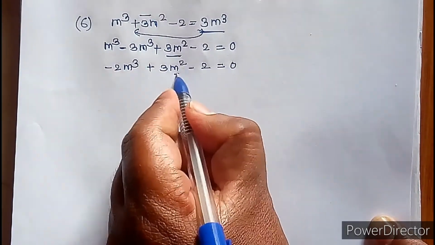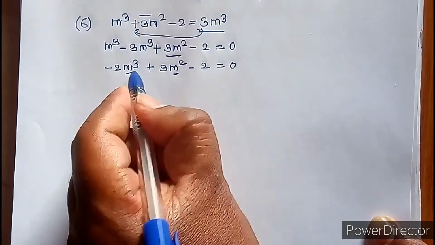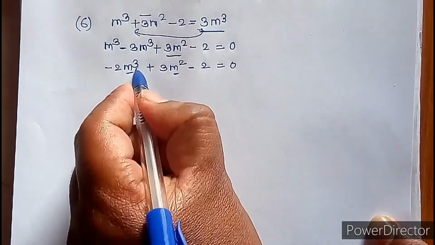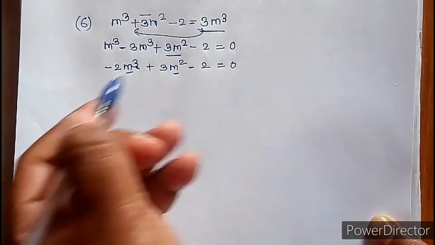Here the only variable is m, but the highest power of m is 3, which is not the required condition of a quadratic equation, therefore this is not a quadratic equation.